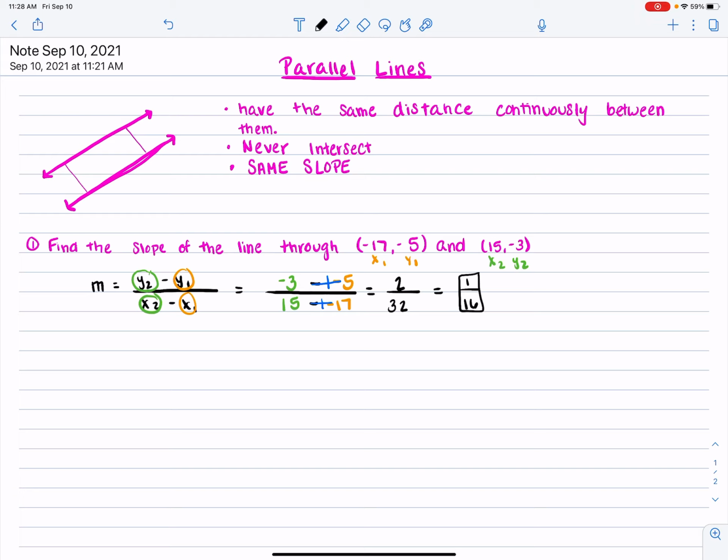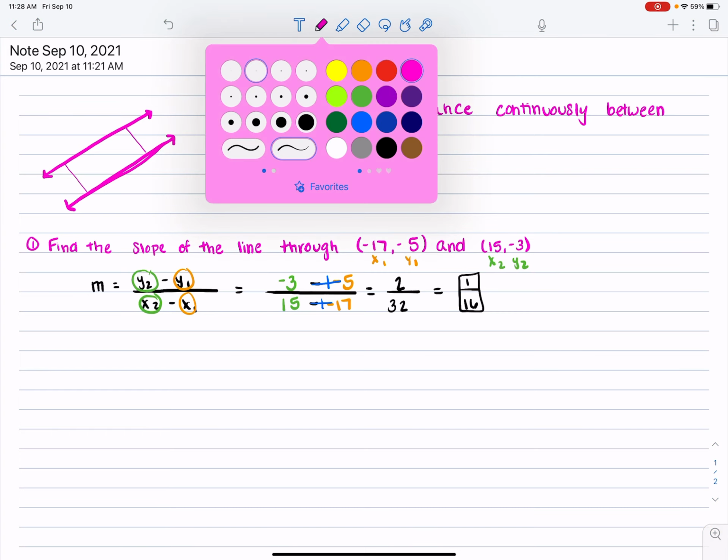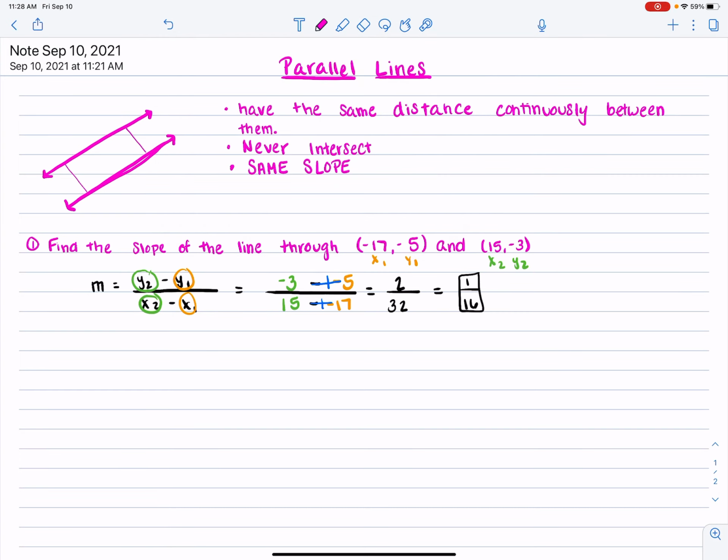Okay, so now I need to apply that to parallel lines. But before we do that, let's remember also how to find the slope from an equation. So if I tell you to find the slope from the equation 3x minus 2y equals 8.